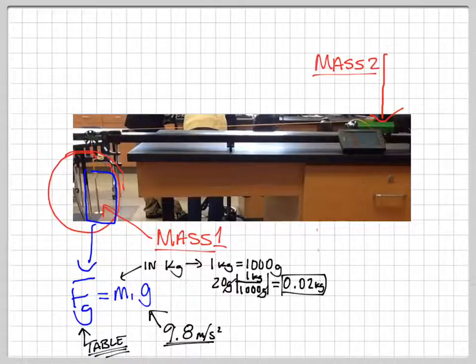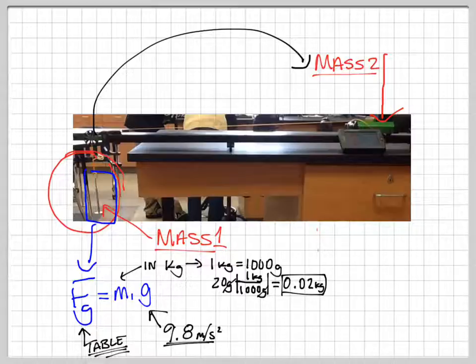So, the big idea here with the lab is that we are decreasing the force on the system every time by removing some mass from the hanger and putting it on the car. We're leaving the total mass of the system the same.